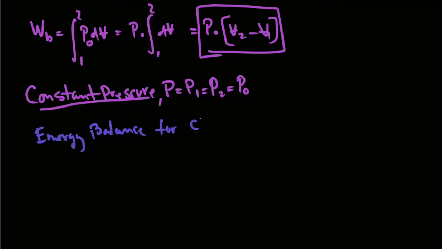For a closed system, the energy that comes in minus the energy that comes out is equal to the change of energy of the system.